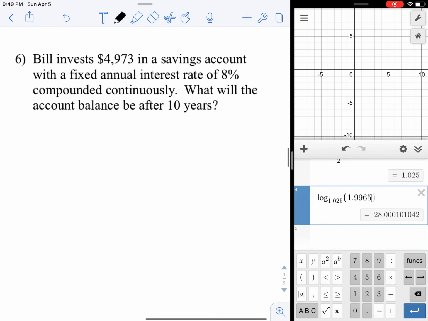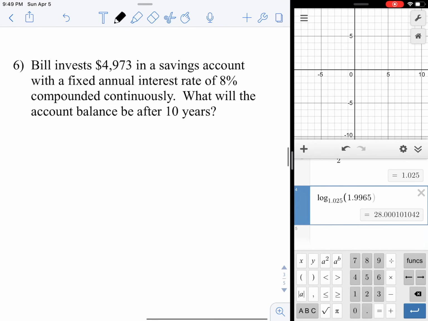Number 6. Bill invests $4,973 in a savings account with a fixed annual rate of 8% compounded continuously. There's that key word, which tells us we're going to use, oops, I just about messed that up, use this formula, A equals P e to the rt. What will the account's balance be after 10 years? So here's our principal amount, here's our rate, here's our time.